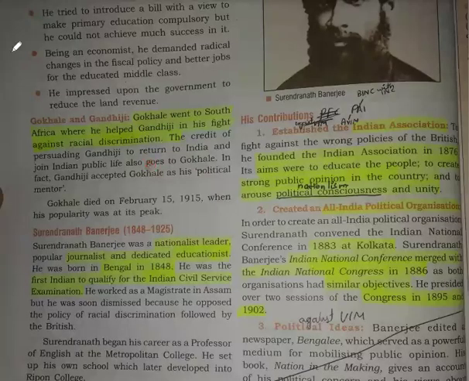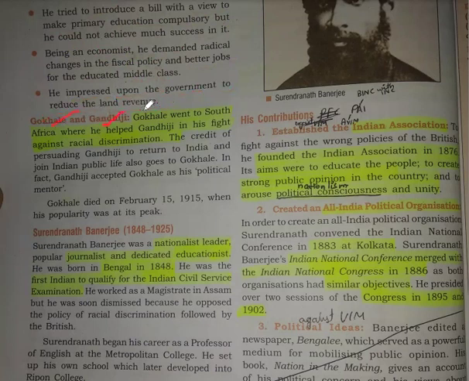Then he tried to introduce a bill with a view to make primary education compulsory, but he could not achieve much success in it. Being an economist, he demanded radical changes in the fiscal policy and better jobs for the educated middle class. He impressed upon the government to reduce the land revenue.